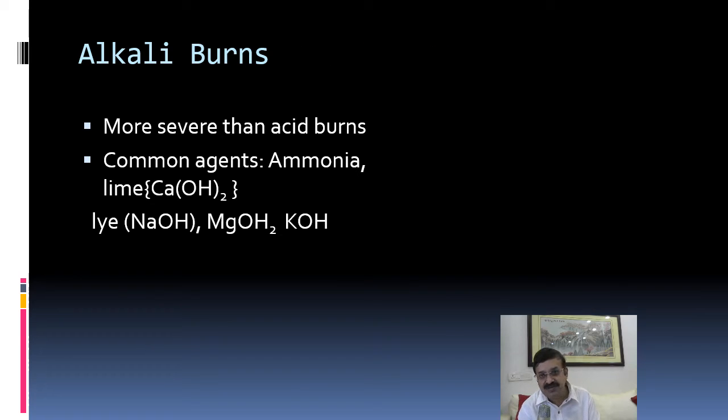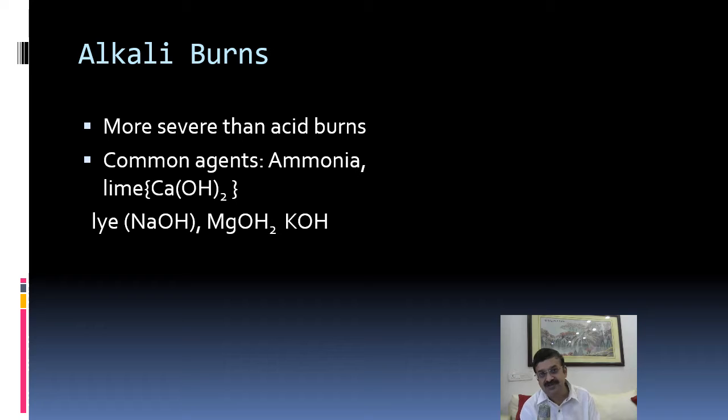Now, coming to the subgroup of chemical burn, alkali burns. Alkali burns are much more severe than acid burns. And as we all know, when an acid burns a tissue, it forms a very thick leathery eschar. That is, the proteins are coagulated, and this itself prevents further penetration of the acids, and hence there is a natural tendency of the acid burn to be self-limited after a certain level.